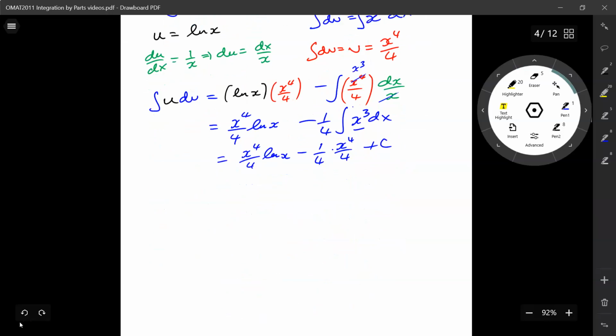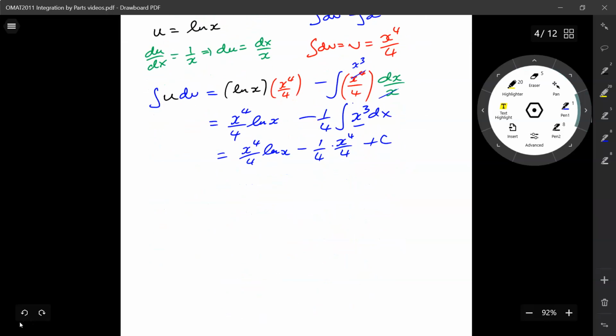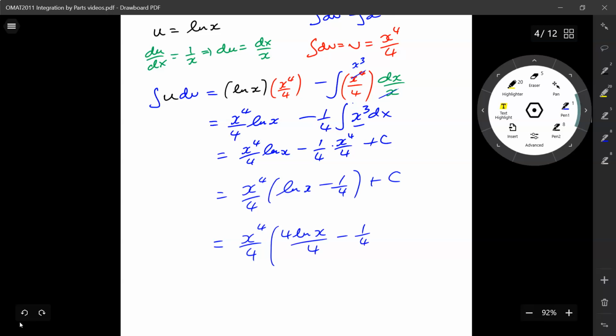So scroll down and continue on here. That gives us x to the 4 over 4 is common to both of them, times the log of x minus the quarter, plus a constant integration. As before, we can try and tidy this up by multiplying the log of x above and below by 4. So now they have a common denominator.